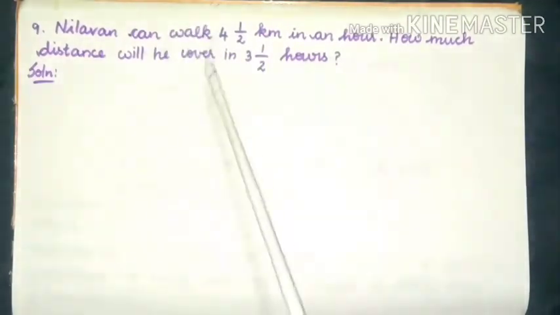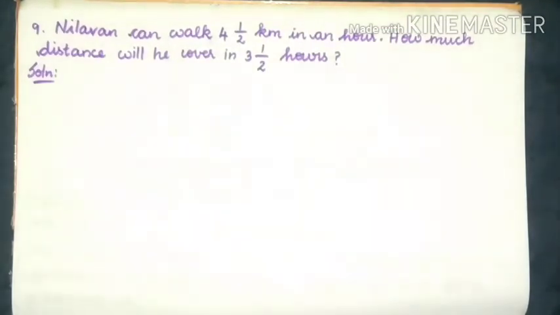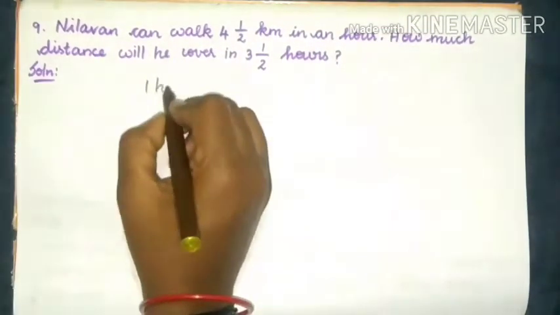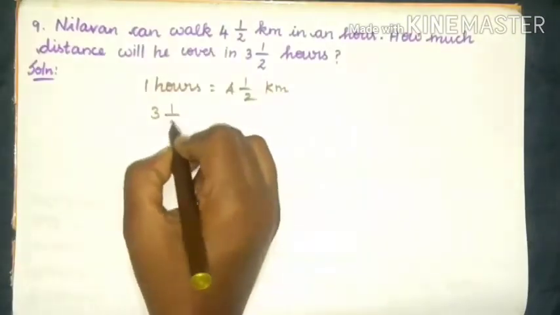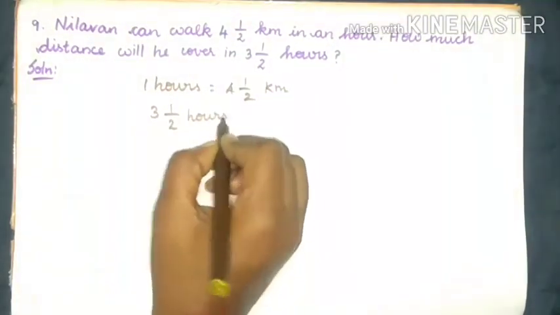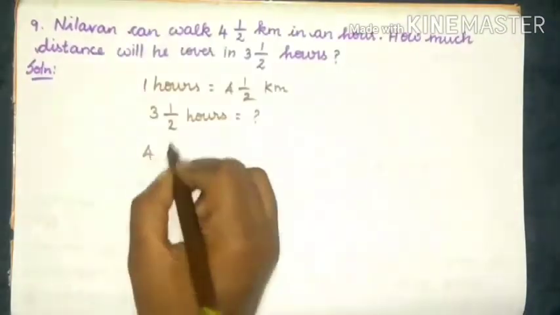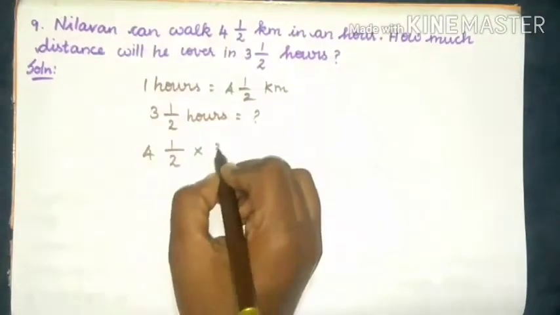Yes, it is multiplication. Because here for 1 hour he covers 1 by 2 kilometer, we have to find it for 1 by 2 hours. For that you have to multiply these two fractions.